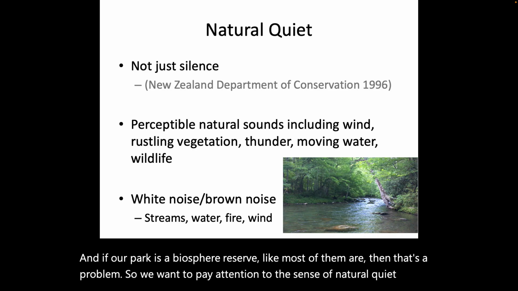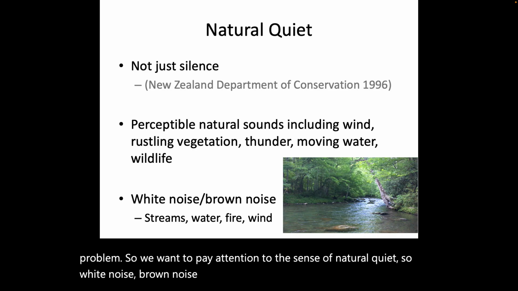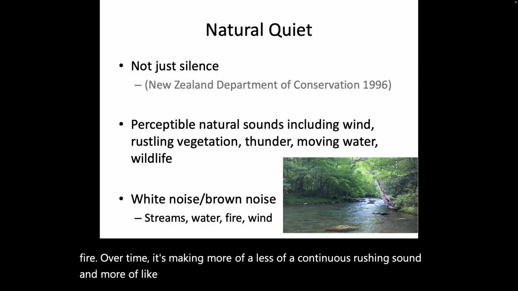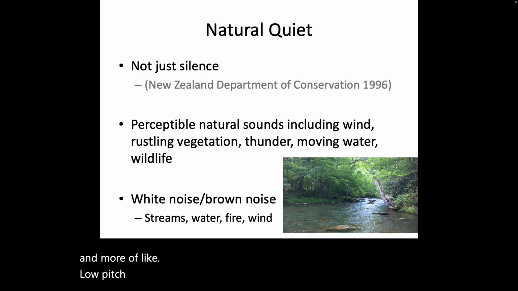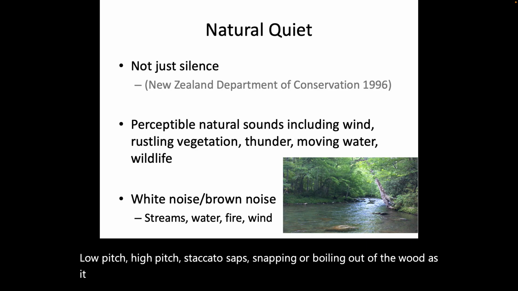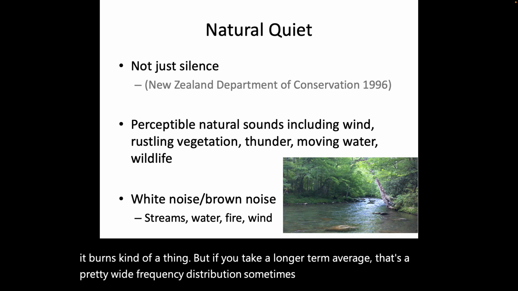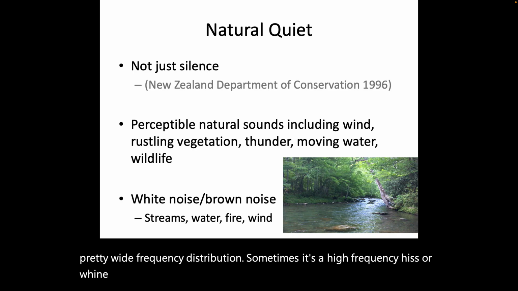So white noise, brown noise. A stream is typically white noise. Flowing water. Fire, over time, it's making less of a continuous rushing sound and more of like a low pitch, high pitch, staccato, sap snapping or boiling out of the wood as it burns kind of a thing. But if you take a longer term average, that's a pretty wide frequency distribution. Sometimes it's a high frequency hiss or whine of steam coming out of the log.